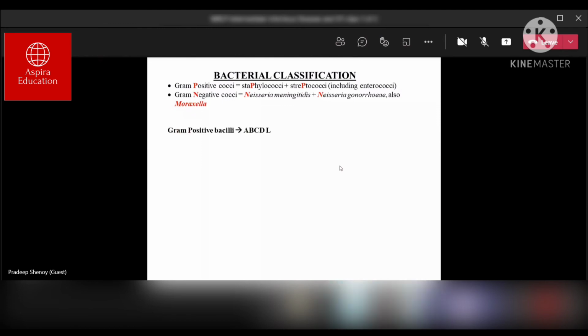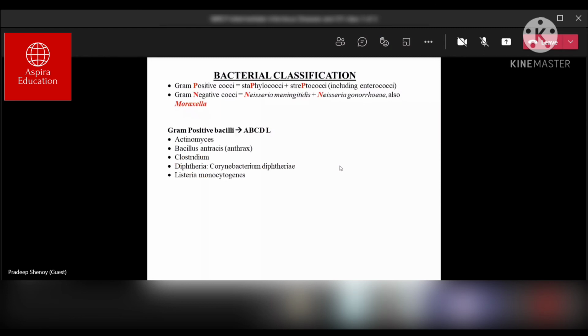Next, we'll move to bacilli. What are the gram-positive bacilli? In clinical practice, we would see predominantly gram-negative bacilli and gram-positive cocci. But we should also remember some gram-positive bacilli. Among them, we have Actinomyces, Bacillus anthracis, Clostridium, Corynebacterium diphtheriae, Listeria monocytogenes.